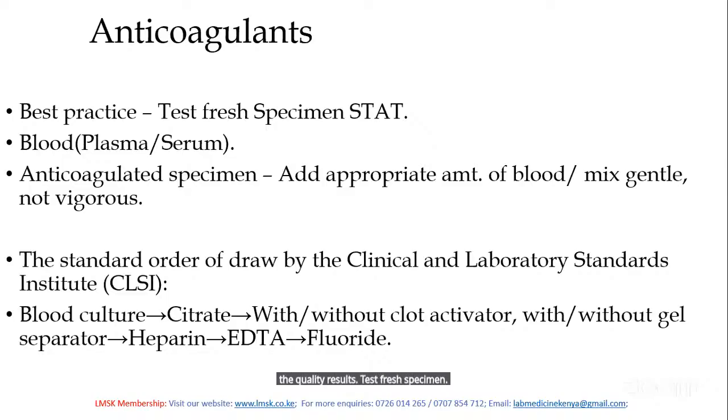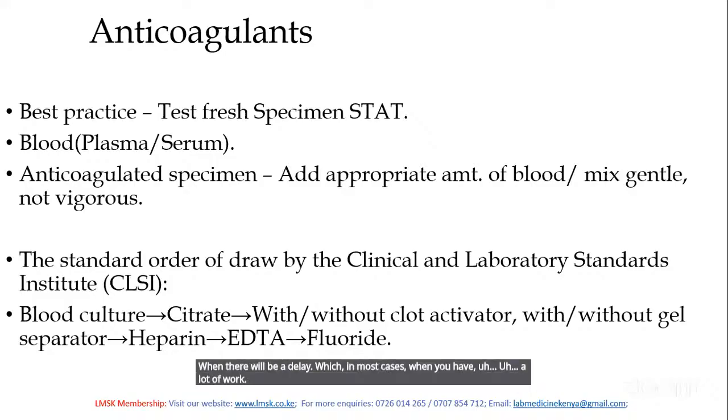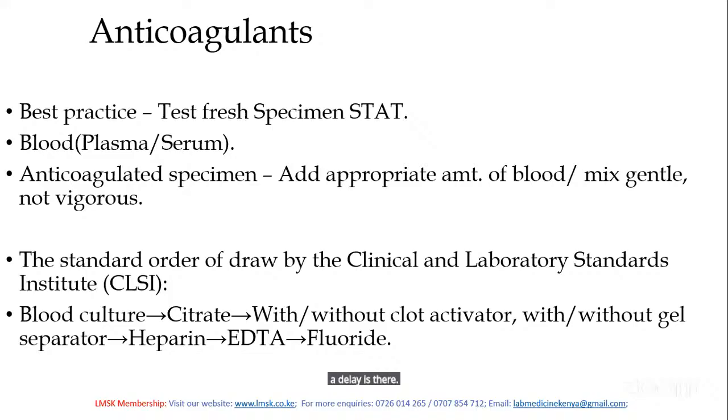When there will be a delay, which in most cases, when you have a lot of work, a delay is there. Then if a delay cannot be avoided, that's when we use anticoagulants, which will help the specimen stay for some time.